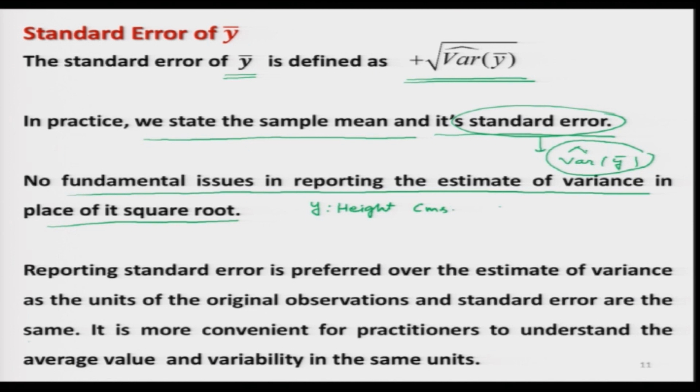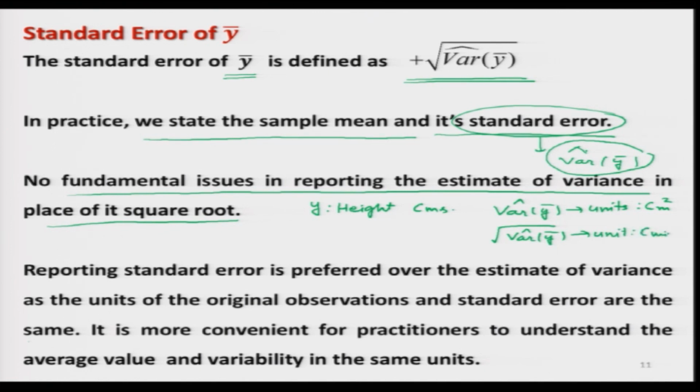Now in case you report the estimate of variance of y bar, then its units are going to be centimeter square. But in case you report the positive square root of the estimated variance of y bar, then the unit of this quantity is going to be centimeter.